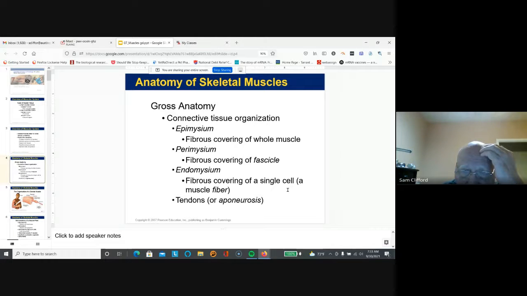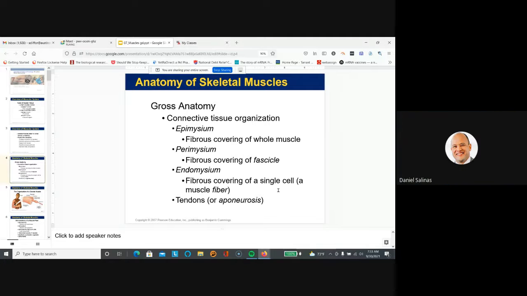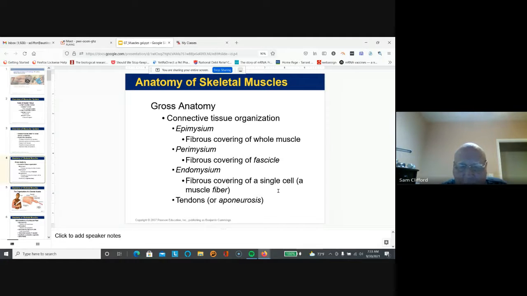Remember that each muscle fiber is a single cell. And then we have tendons, which connect muscles to bones, and aponeurosis, which are large sheets of connective tissue that connect muscles to bone.